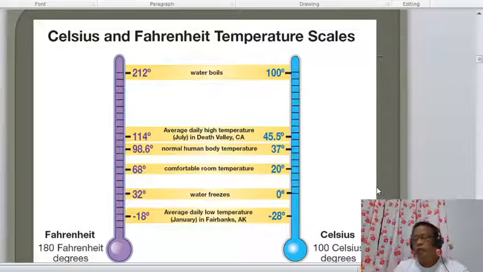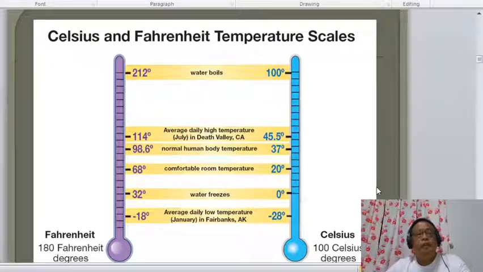Okay, so we have the comparison of two different temperature scales. Here we have the Celsius and the Fahrenheit scale comparison. We know already that the boiling point of water, in the Fahrenheit scale, is 212 degrees Fahrenheit.